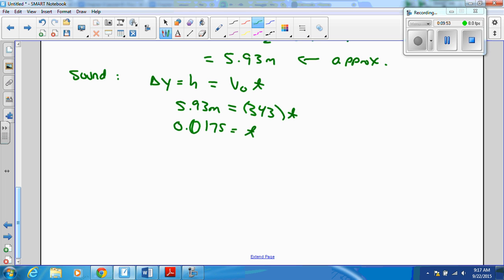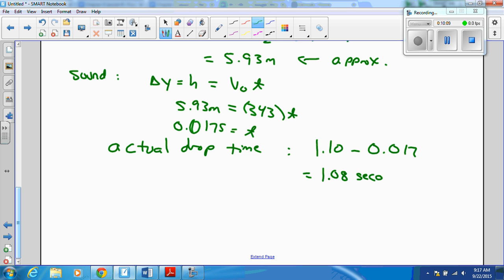And so I can now use that to change my actual drop time. It is 1.10 seconds minus 0.017, which comes out to 1.08 seconds. The actual real drop time is just a little bit shorter.